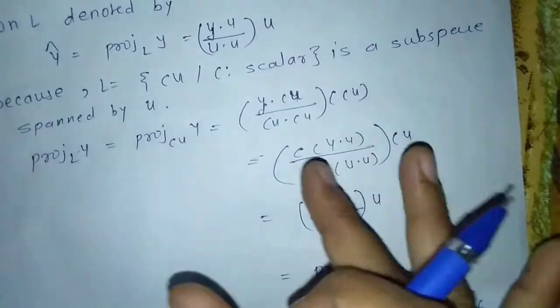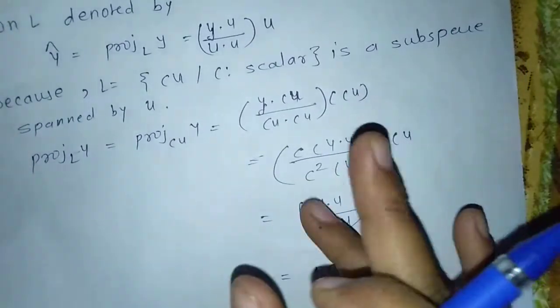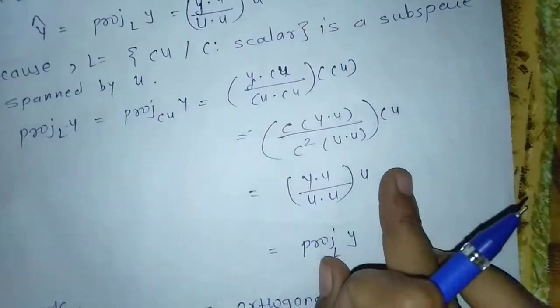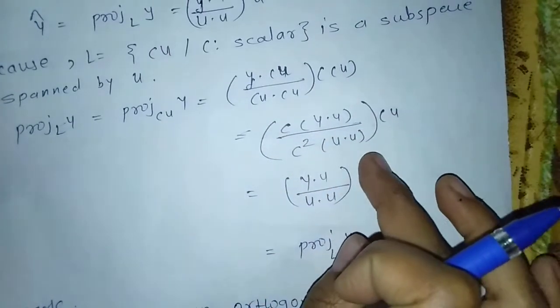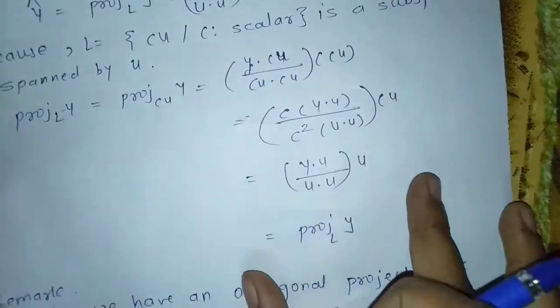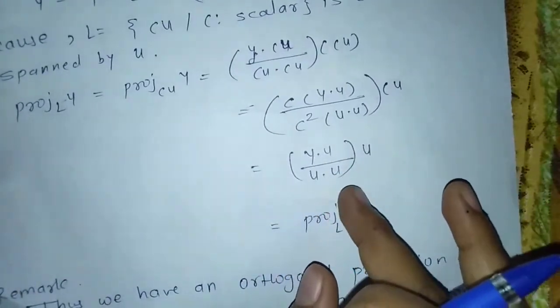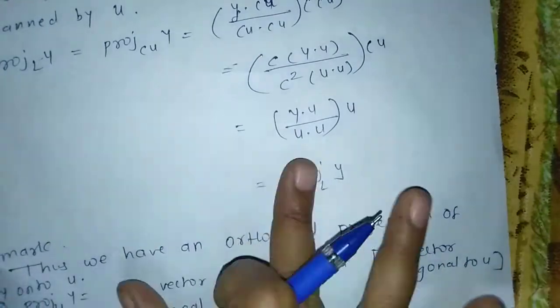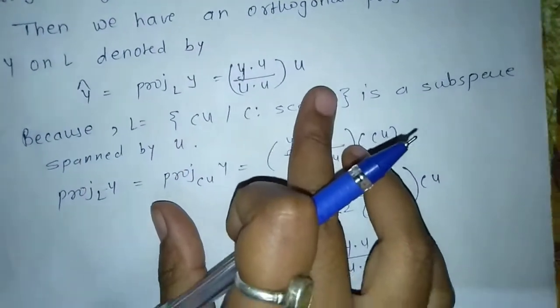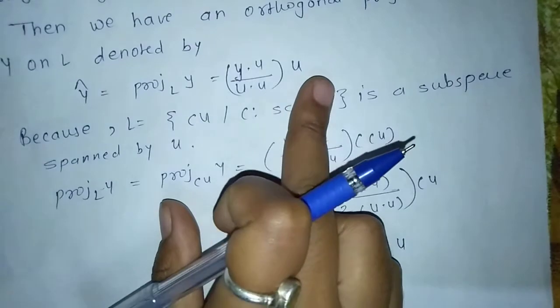When we solve this, we get C into y dot u upon C square into u dot u into C into u, which is equal to y dot u upon u dot u into u, which is the projection of y on L, because the projection of y on L is nothing but y dot u upon u dot u into u.